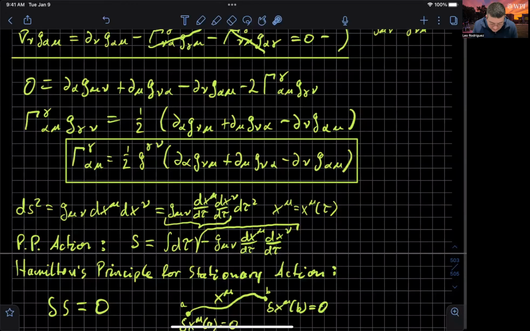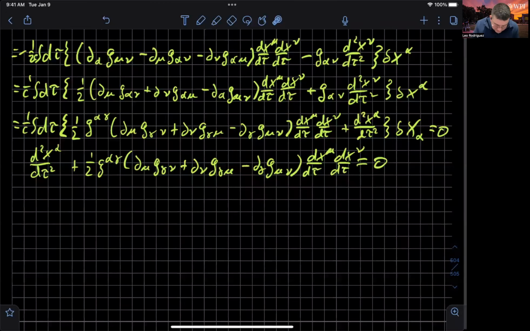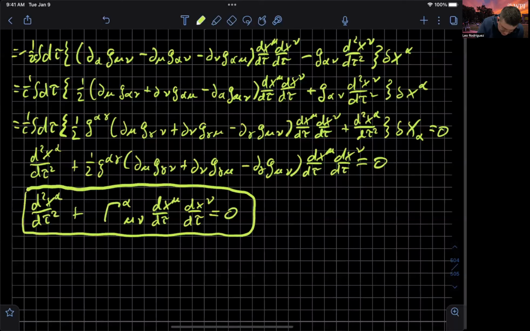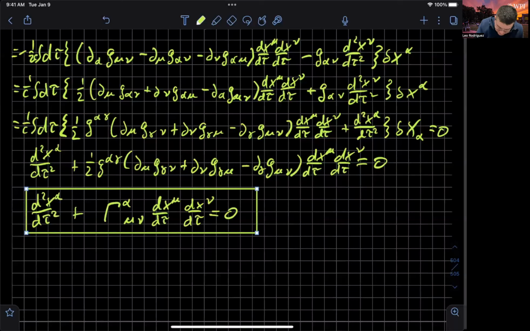Okay, so what happened? First of all, coming down here, what I can say is that I'm summing over gamma here, mu nu on the bottom, mu nu, and then alpha on the top. So I can write this as a big gamma alpha mu nu. And most of you probably have already seen this. This is just a standard geodesic equation.